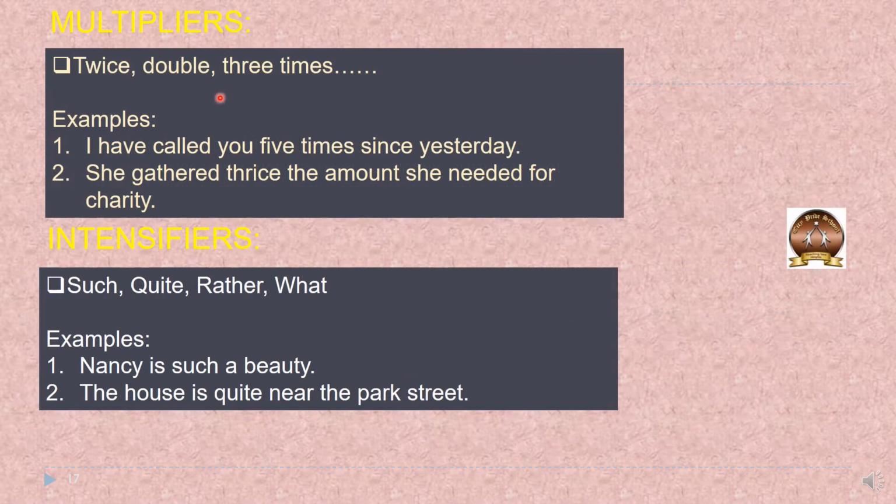Then you have multipliers like twice, double, three times. So I have called you five times since yesterday. She gathered thrice the amount she needed for charity. And intensifiers: such, quite, rather, what.